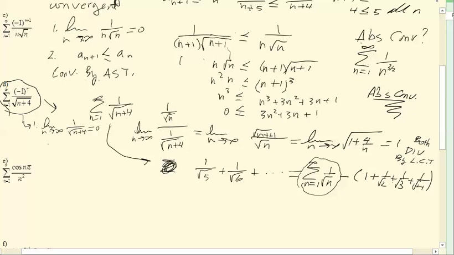And number 2, we have a sub n plus 1 less or equal to a sub n, yes or no? Well, you could start with this, n is less or equal to n plus 4 for sure, and then 1 over root n. Well, this would be n.